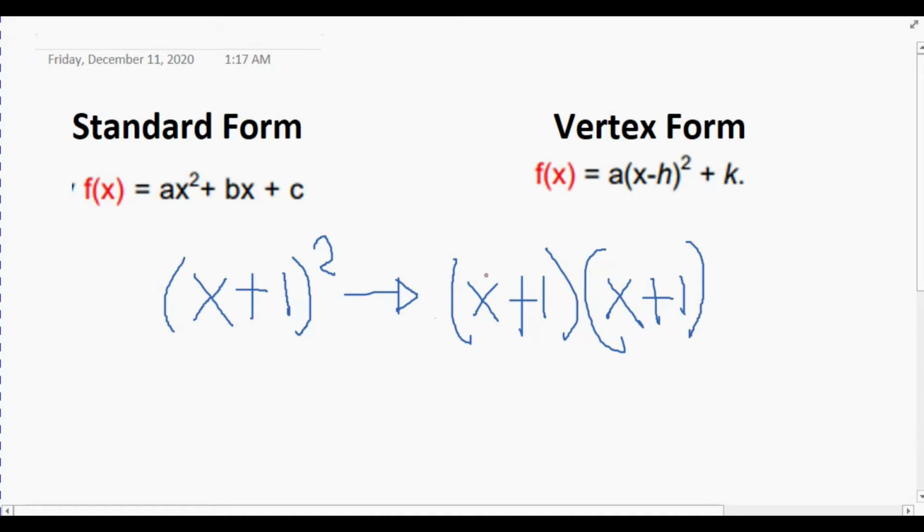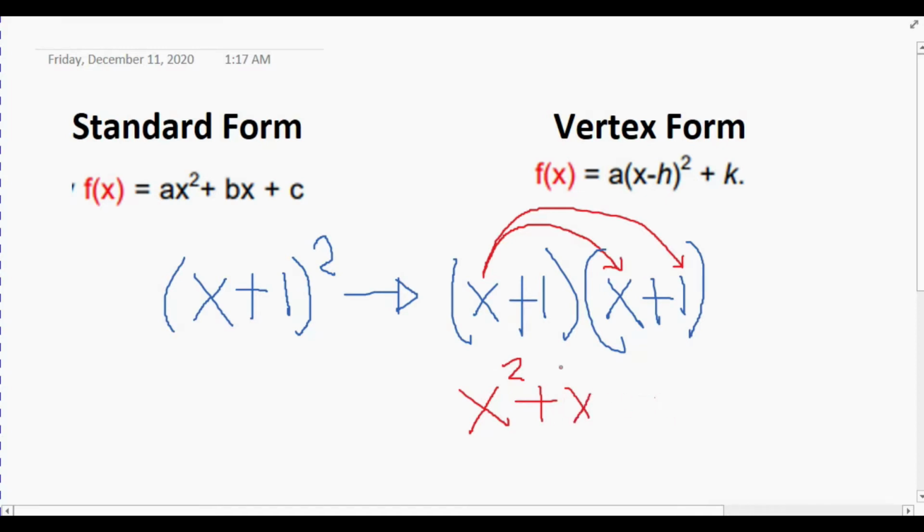So in the FOIL method, we multiply the first terms. So x times x is x squared. And then the outer terms, x times 1, equals x.